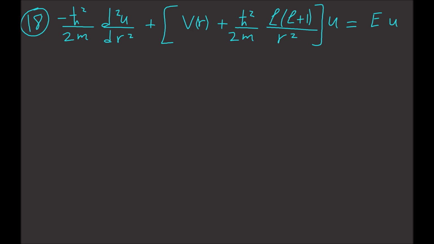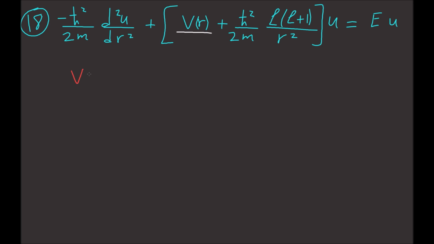We're going to try to solve for u of r. Up to this moment, we don't know what our potential function is. So for the hydrogen atom, the potential energy we have is just the Coulomb force, and we know what the Coulomb force is.